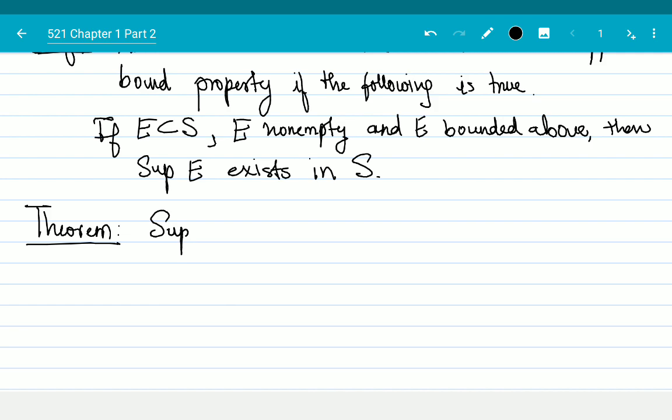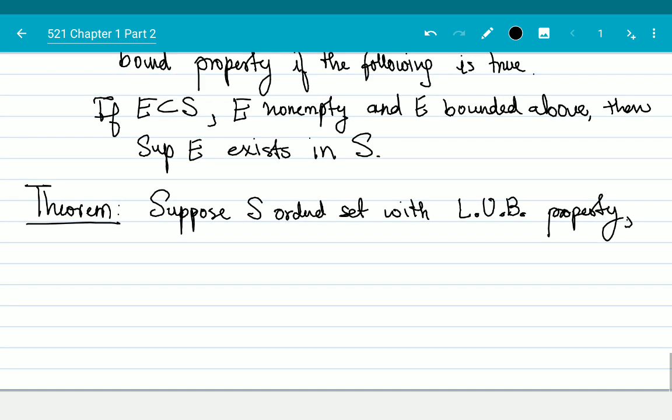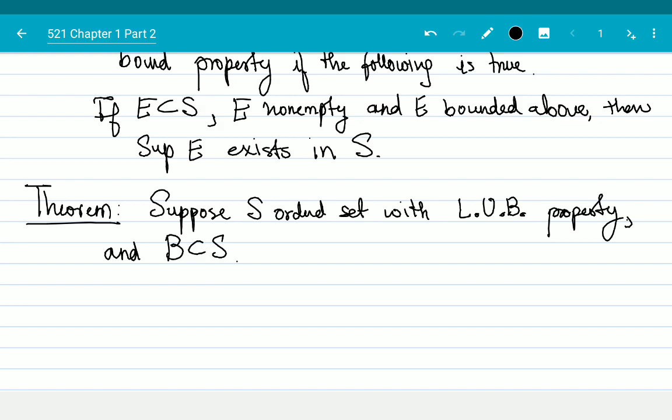Suppose S is an ordered set with the least upper bound property, and let B belonging to S be non-empty and bounded below, not above.